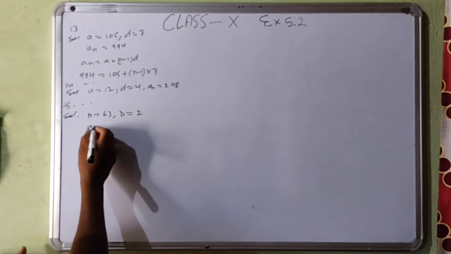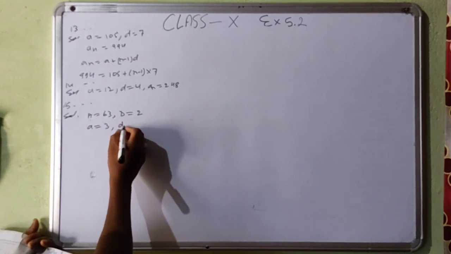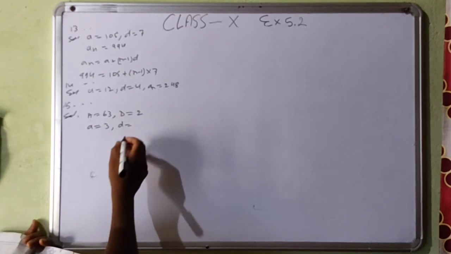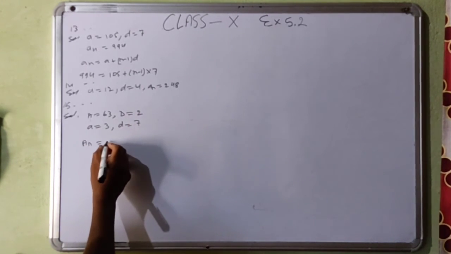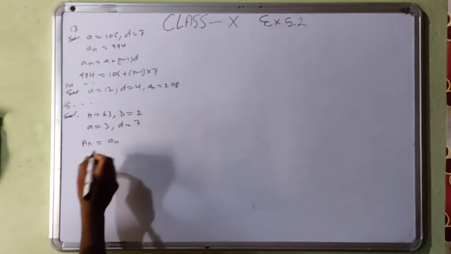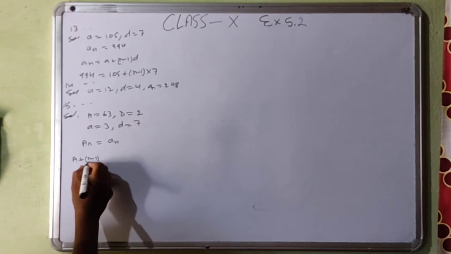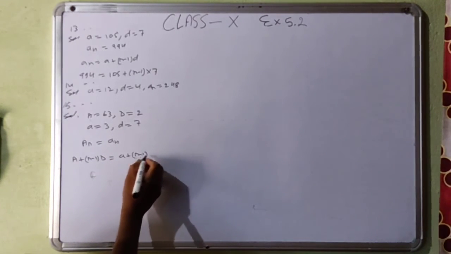And for the second AP, a is equal to 3, and d is equal to 10 minus 3, 7. So a_n is equal to a_n. So that formula will be a plus n minus 1 d is equal to a plus n minus 1 d.